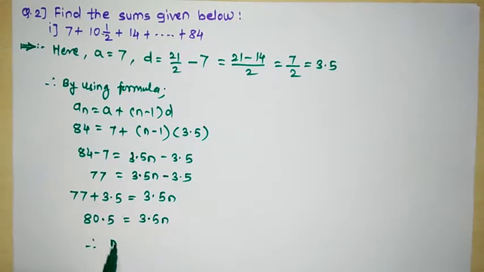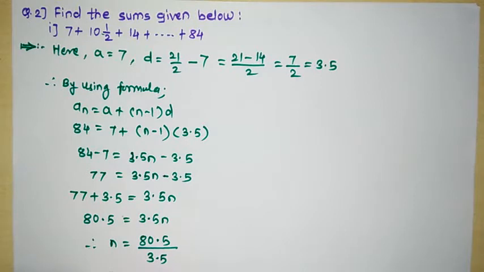Therefore n is equal to 80.5 divided by 3.5. Now check here, in the numerator after the decimal there is one digit, and in the denominator also after the decimal there is one digit. Therefore we can directly neglect the decimals.